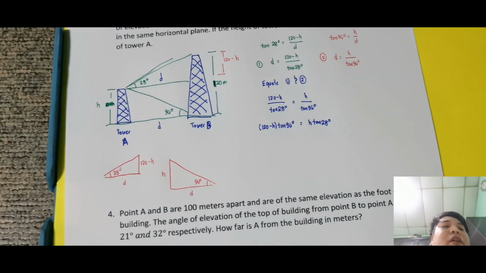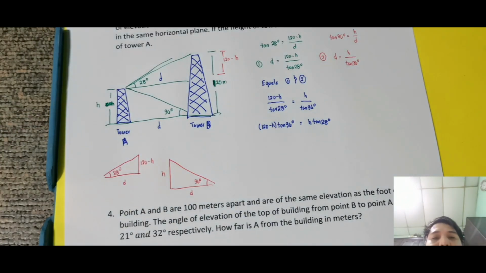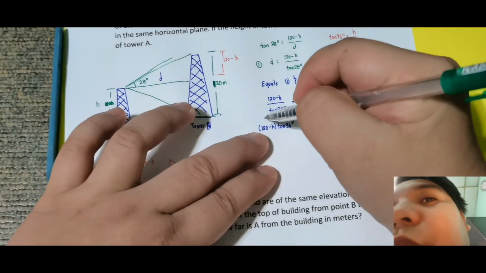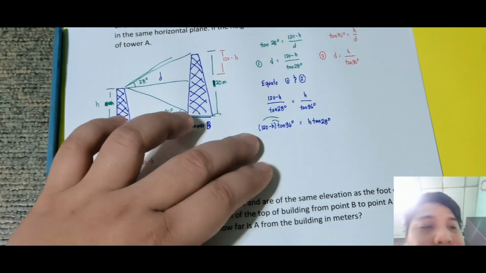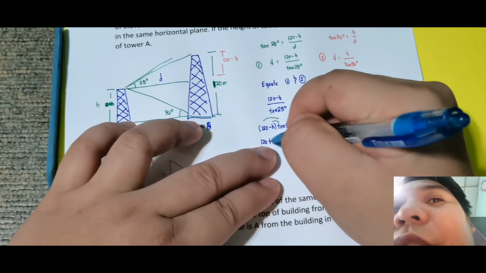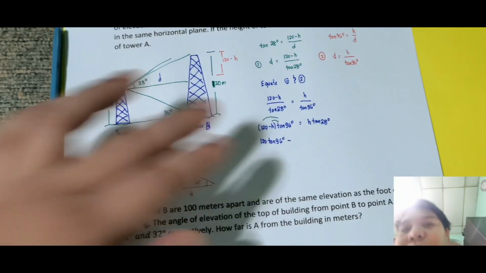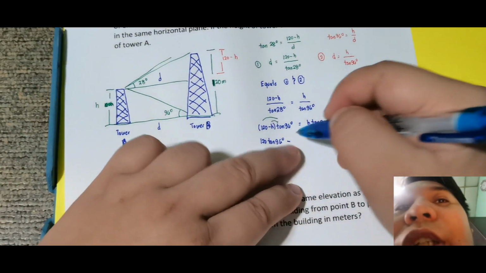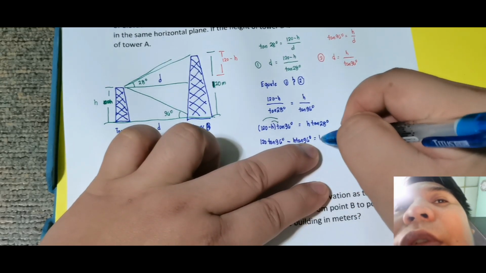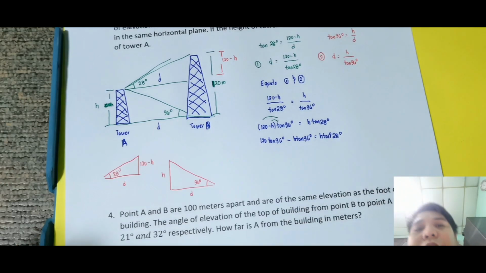Next, we solve for the value of h, because h is the height we are looking for. I will simplify this further by distributing: 120 tangent 96 degrees minus h tangent 96 degrees is equal to h tangent 28 degrees.